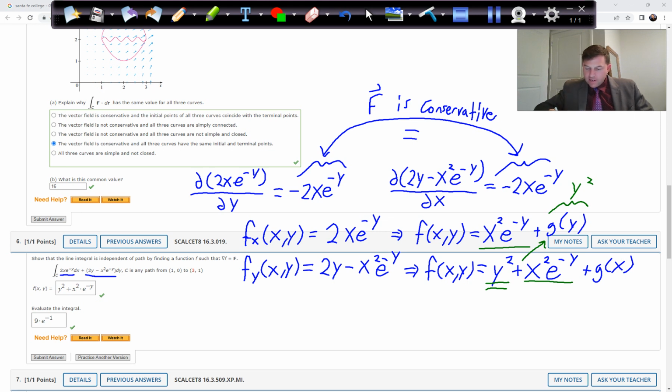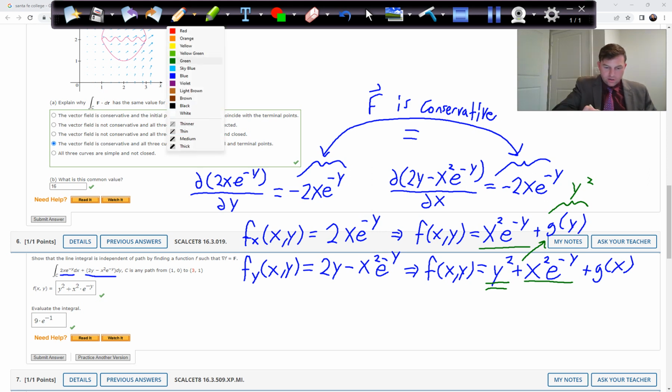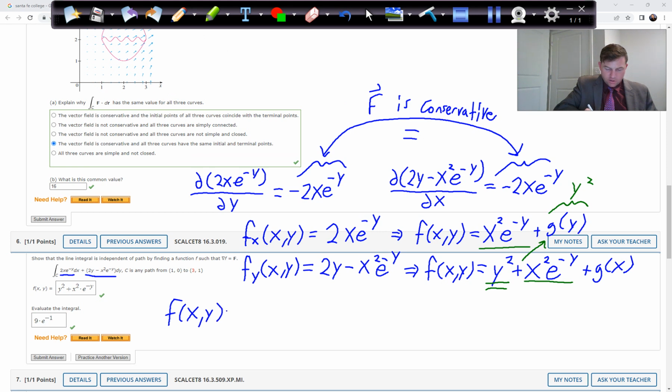But if I add that, now they are exactly the same. So our function f of x, y should be x squared e to the minus y plus y squared. And then that will satisfy both partial derivatives, and I can get both of the components i and j respectively of the vector field.